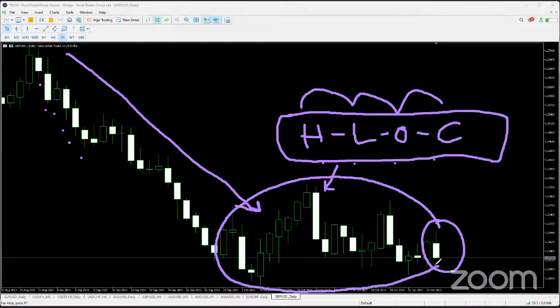First-hand data, no second-hand indicators, nothing else. You'll depend only on these four important pieces: high, low, open, close, that are the components of any trend or any movement on the chart. Okay, guys, before I carry on, do you have any questions on this? Should I carry on?